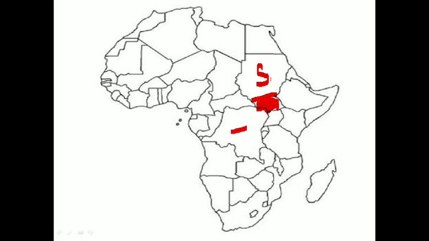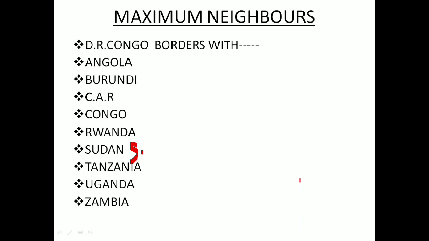The same way you can go for Zambia, how many countries border it? Kenya, how many countries border it? Then you can find out which countries after Democratic Republic of Congo have more neighbors surrounding it. Okay, this is one exercise.